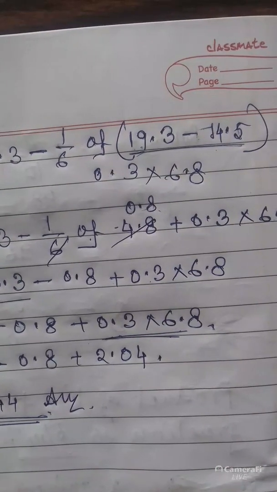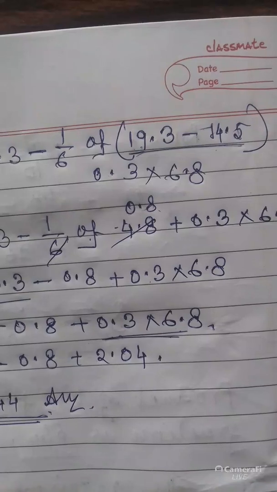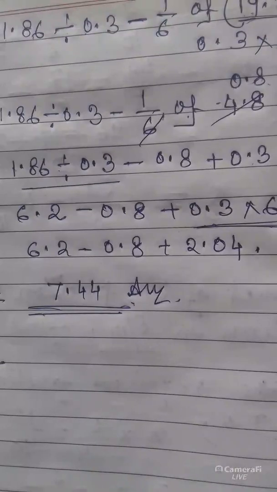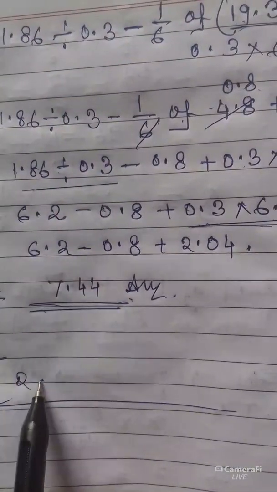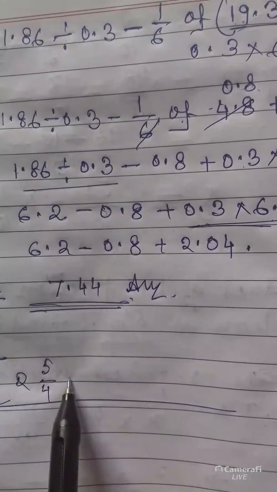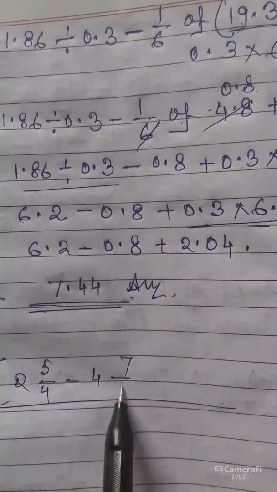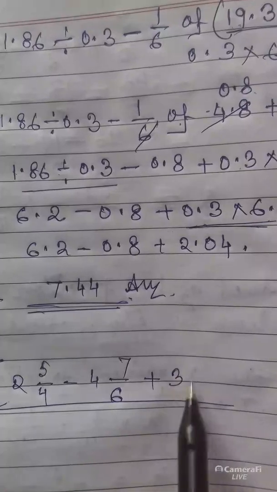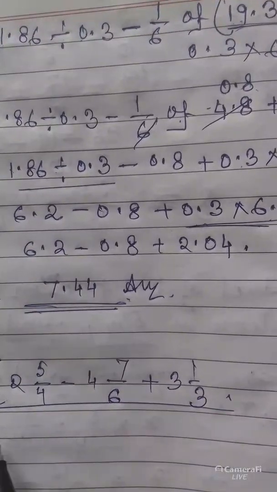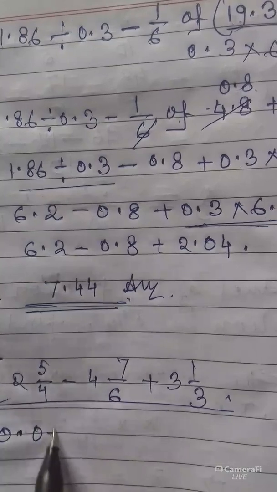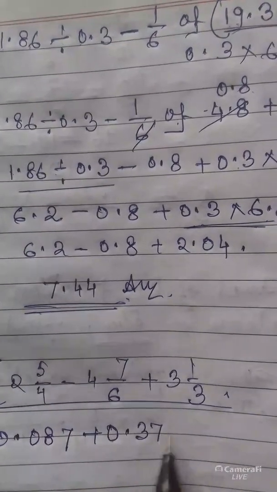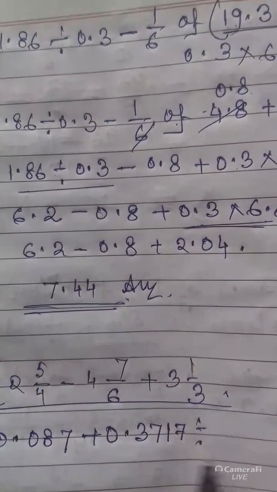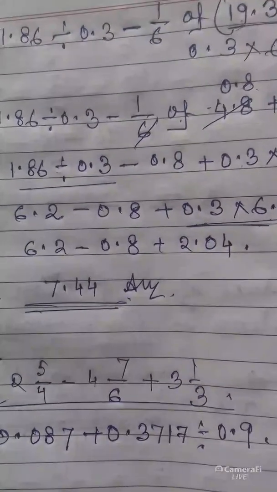Now next, evaluate 2 whole 5 by 4 minus 4 whole 7 by 6 plus 3 whole 1 by 3 by 0.087 plus 0.3717 divide 0.9.